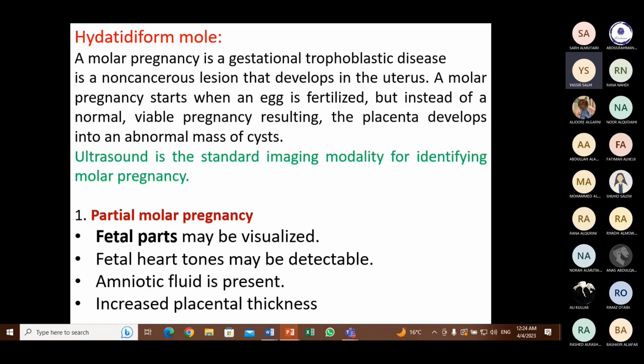Very important, this part. You asked about hydatidiform mole, or molar pregnancy, which is gestational trophoblastic disease. It is a non-cancerous lesion developing in the uterus.